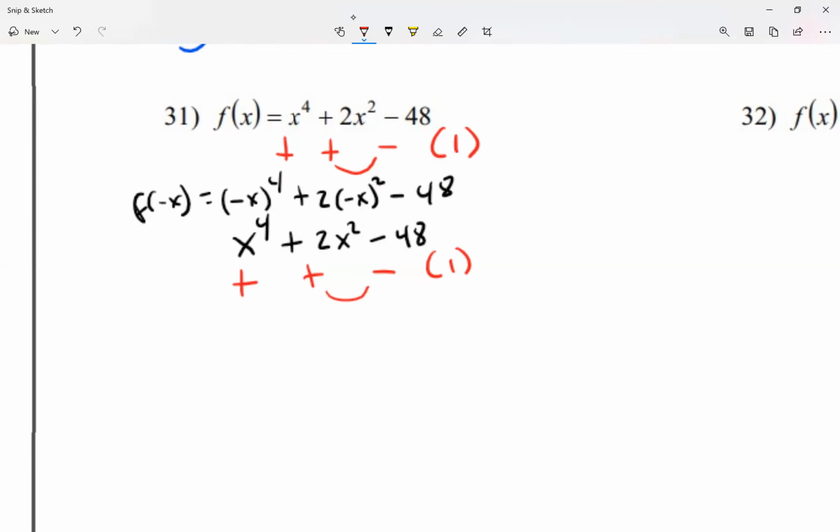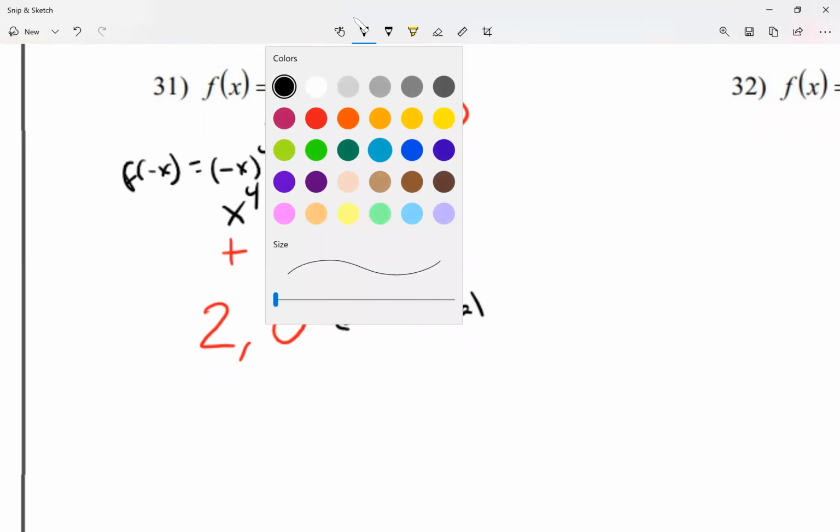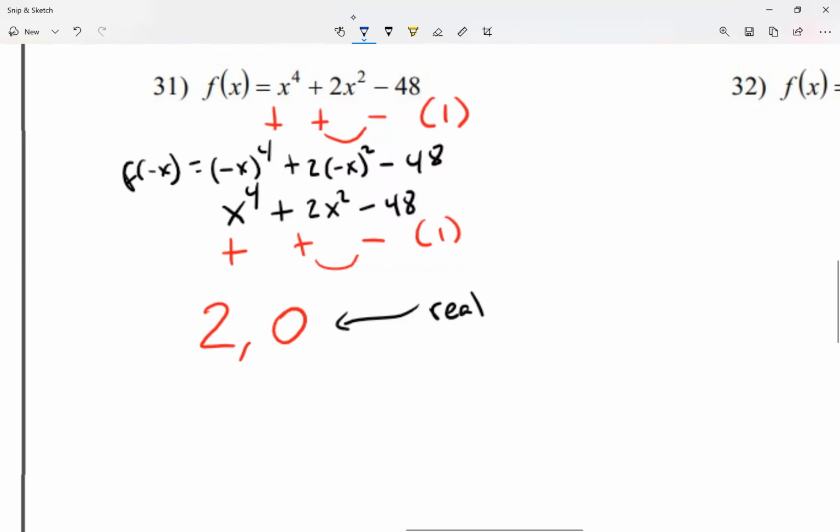So when I add those numbers that I have in parentheses, 1 plus 1 is 2. So when it comes to real solutions, it's either 2 or 0. When it comes to imaginary, I'm going to go 4 minus 0: my highest exponent on my function minus the smallest real. 4 minus 0 is 4.